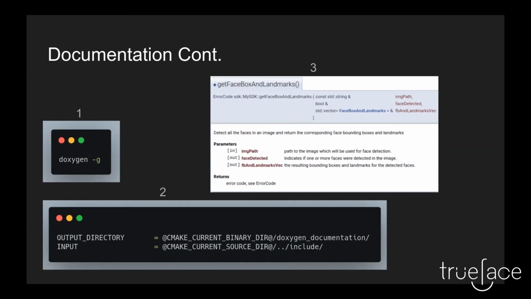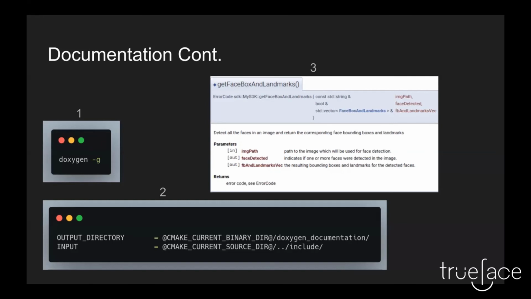There's a bunch of configuration you can do and things you can customize, but the bare minimum we need to do is to specify the output directory and also the input files, which in our case is only the public include header file. That's the only file for which we want to have documentation.